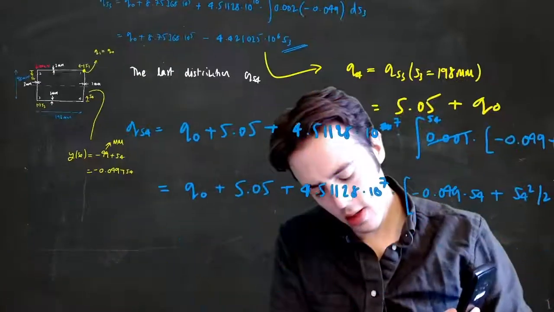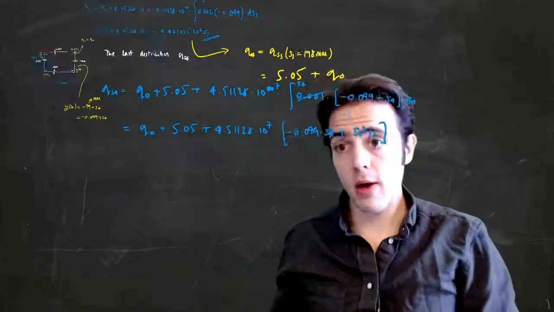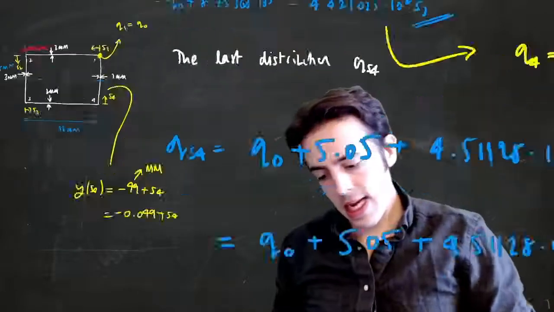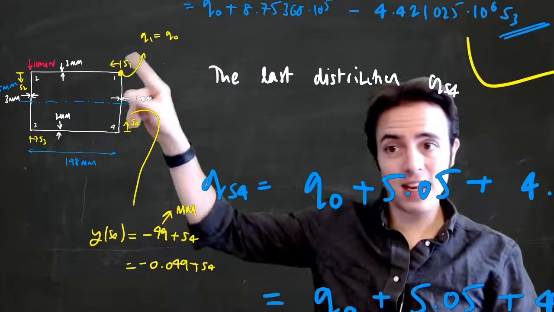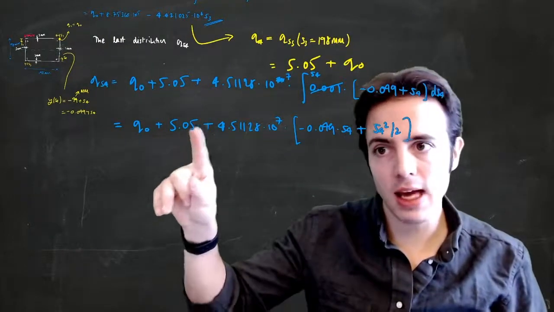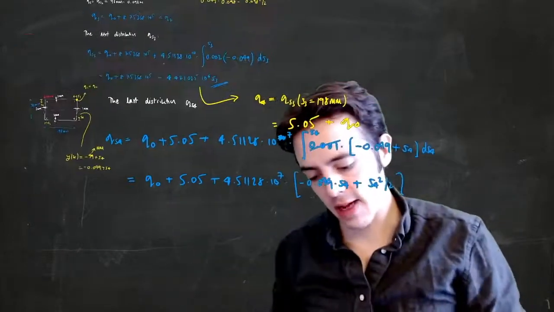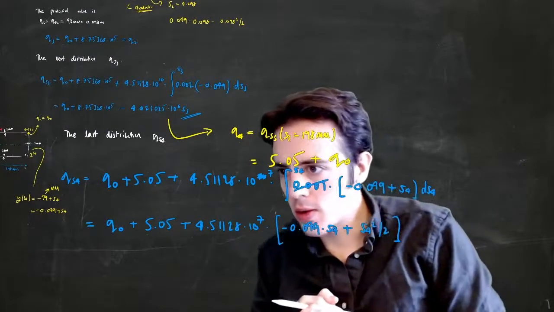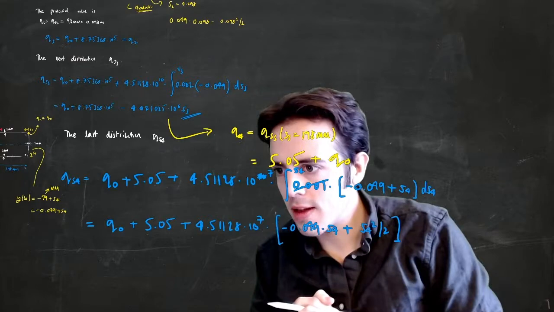Where I can see this problem going is that the vertical shear flow distribution in this final member needs to have the same value at the end, needs to just be a function of Q naught. So this number here means that cannot be the case. This number should be 0 effectively. So I'm going to try and figure this out.